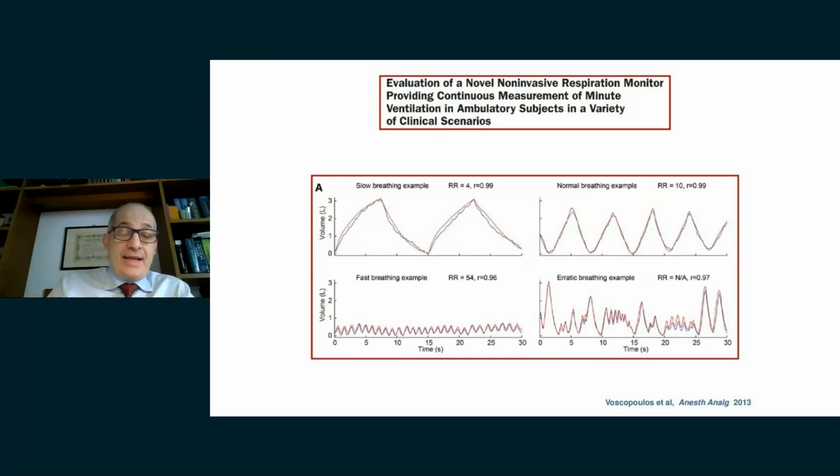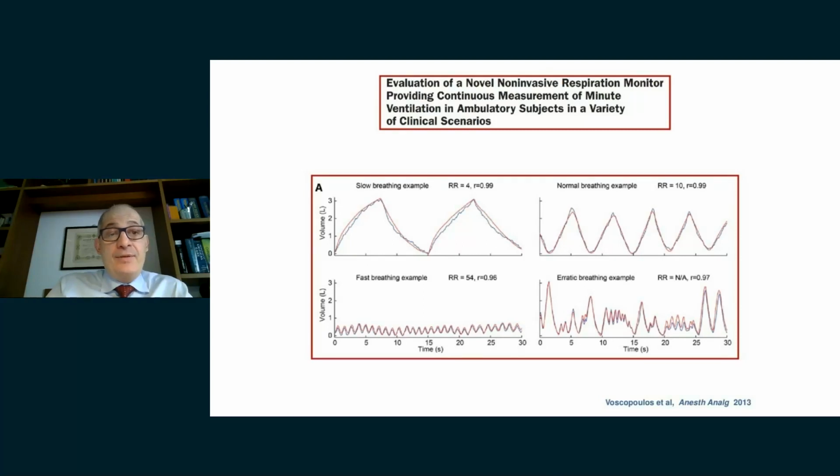This was another study in which spontaneous breathing in different settings was compared to the respiratory ventilator monitor. So during slow breathing, a very low respiratory rate, 4 breaths per minute, normal breathing around 10 breaths per minute, fast breathing, and also a chaotic breathing.